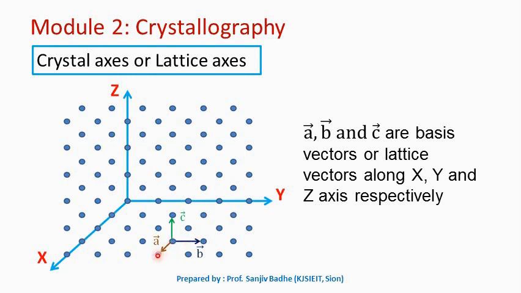A bar is the basis vector along x-axis because it is joining the two nearest points along the x direction. This b bar is the basis vector along y-axis because it is the vector joining two nearest points along y-axis, and c bar is the basis vector along z-axis. These basis vectors are independent and non-coplanar.